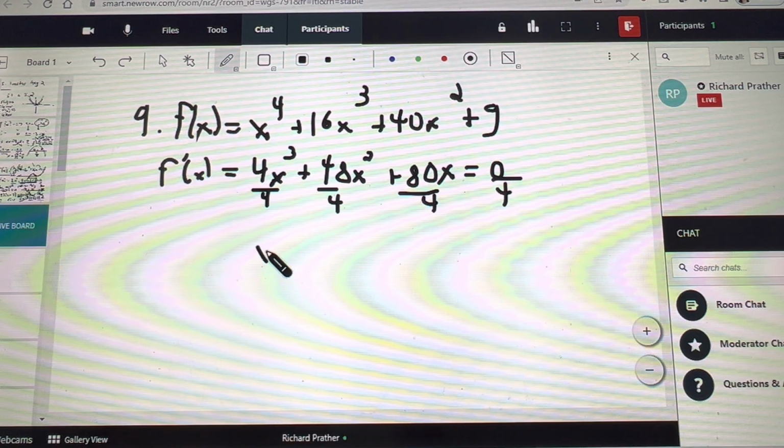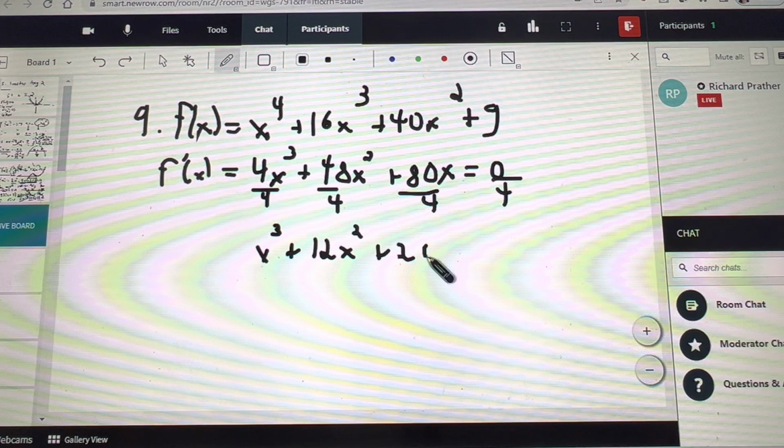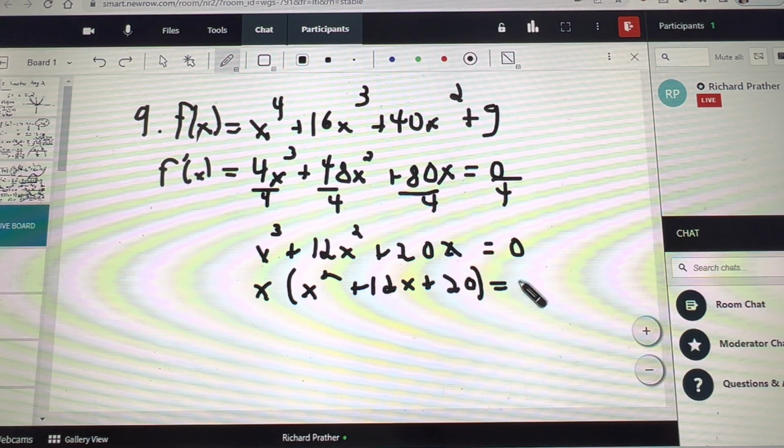So I'm left with x to the 3rd plus 12x squared plus 20x. And all of those have a GCF of x, so I can pull x out. X squared plus 12x plus 20. We need 2 numbers that multiply to 20 and add up to 12.